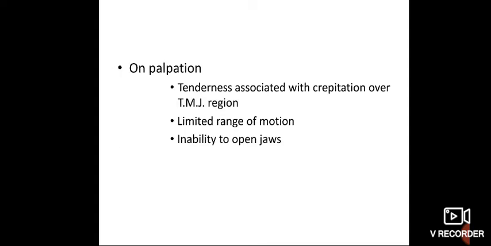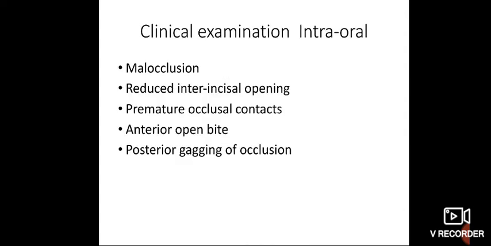On palpation, tenderness with crepitation over the TMJ region, and you ask the patient to open the mouth, protrude the mouth, definitely not possible in a fractured condyle. And definitely the patient will be in severe intense pain. On clinical examination intraorally, you'll find there is a malocclusion. You'll find reduced interincisal opening, the patient cannot open wide.